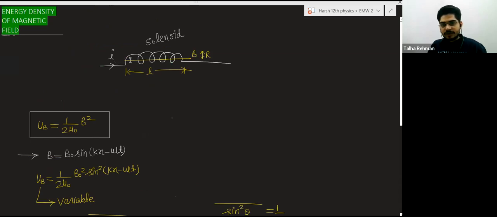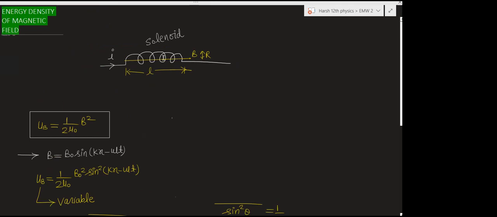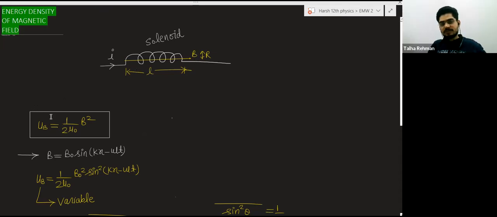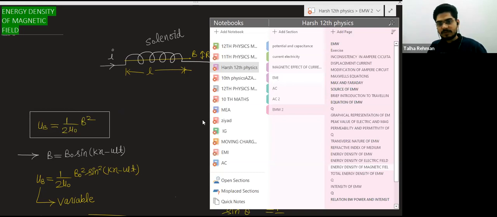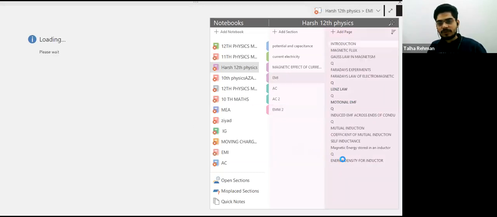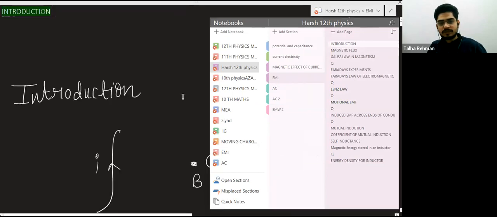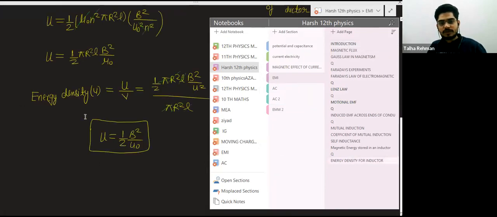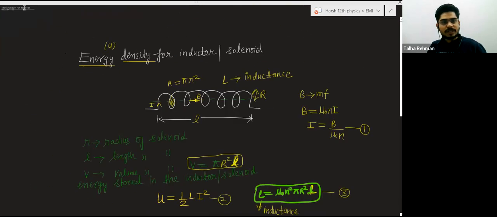In an inductor, we know that the magnetic field is axial inside the solenoid or inductor, of length L. I have just derived this; if you remember, in the chapter electromagnetic induction, I think I derived it. So the energy density for the inductor is this. This we have derived. Now the energy density for the inductor, you can see here.